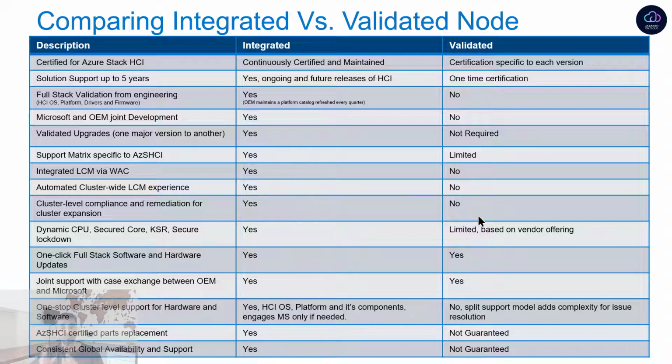Those binary bits have to be continuously validated against the integrated system, right? So when we say solution support up to 5 years, it's a continuous engineering validation approach that we go through. Customers really don't have to spend their engineering efforts to validate the systems.